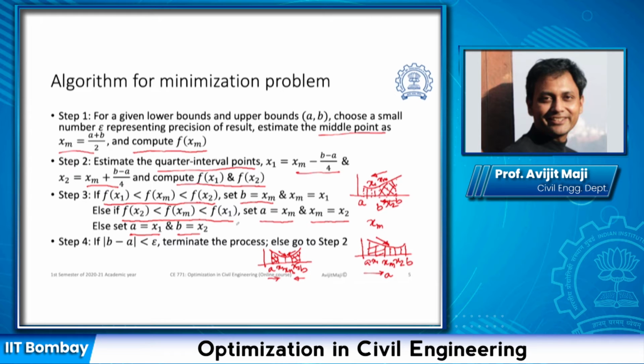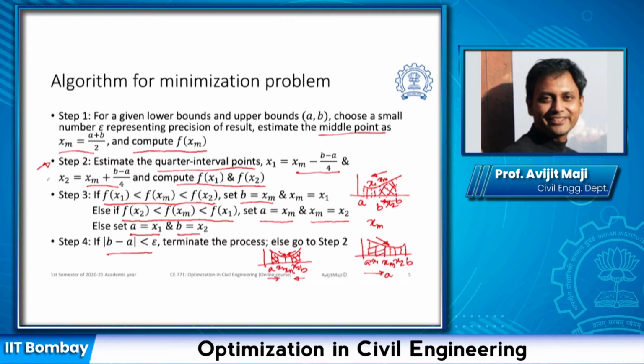Now in this process, once we reduce our boundary, we are saying that the optimum solution is going to lie within the new boundary, and hence if we can find out that our new boundary is within our threshold precision level, then we can terminate there, or else, as I said, we have to move to step 2, which is here, and continue the process.